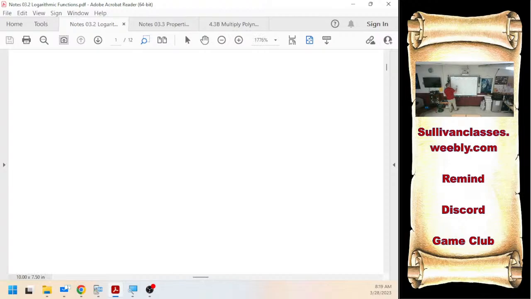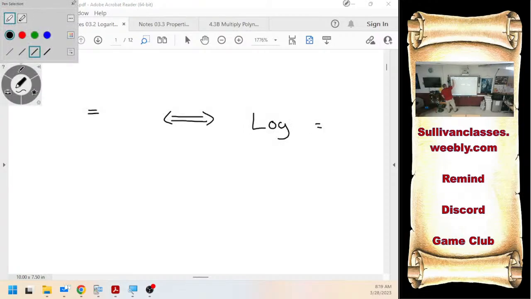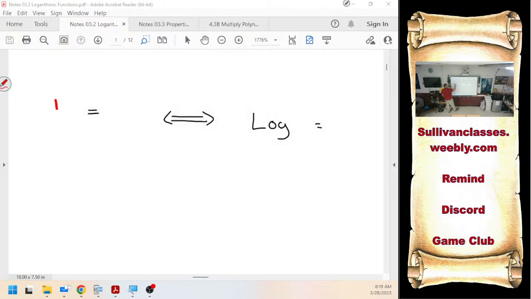If I have an exponent, I also have a log. The base of an exponent is also the base of a log. The exponent itself is the value of the log.